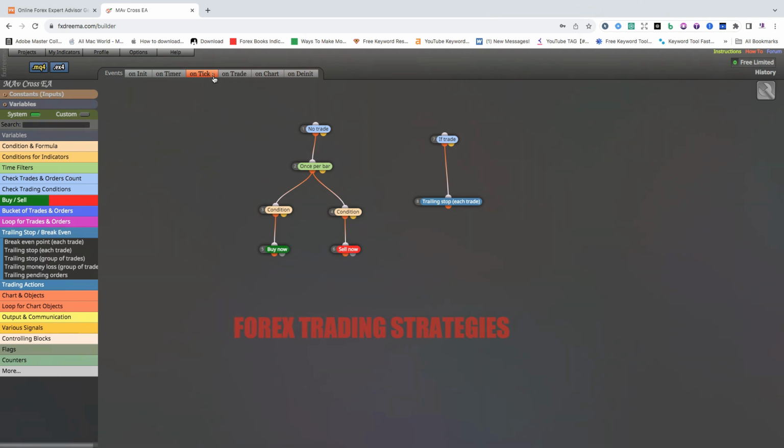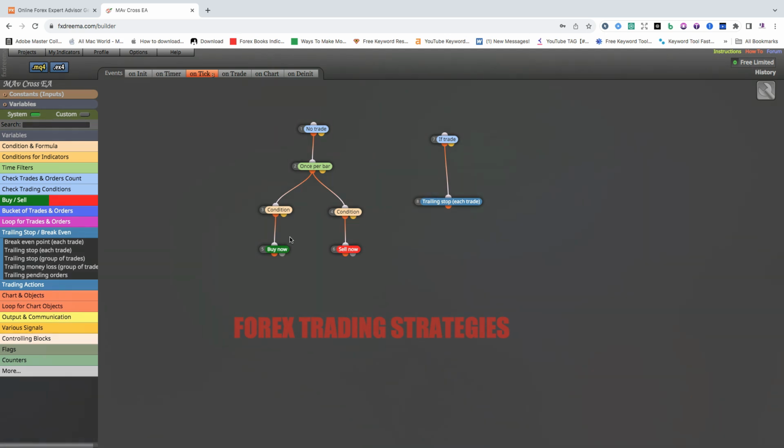And also there's a limitation on the amount of blocks that you can use here. For example, there's only 8 blocks here. The maximum, I think, is about 10 or 12. So here this robot is made with 8 blocks. If you go beyond 10 or 12 here, you wouldn't be able to download your Forex robot. So those are some of the limitations on the free limited account.